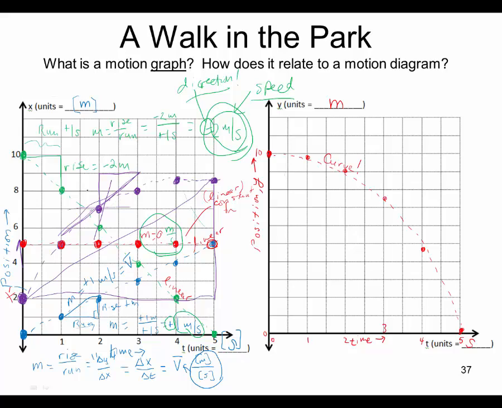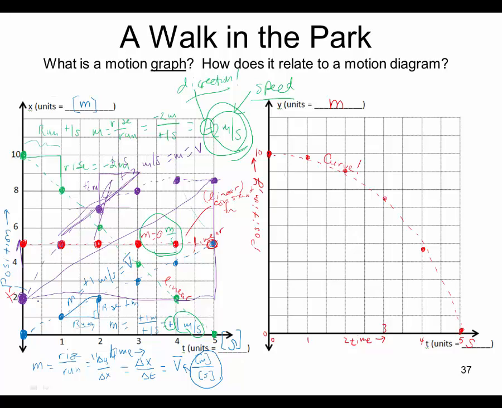We have a rise of plus 2 meters and a run of plus 1 second right here. So at this point I have a plus 2 meter per second slope, which is our velocity. And that's the velocity at that exact point in time, if we use a tangent to the curve.